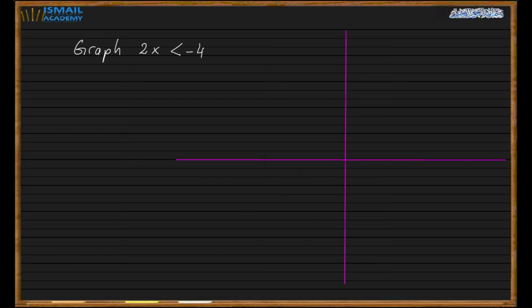First thing here, like I say, first draw 2x equal minus 4, which means x equal minus 2 if we divide 2 both sides. So I'm gonna go here to minus 2. Let's assume this is minus 1, this is minus 2. So I'm gonna draw minus 2 here.